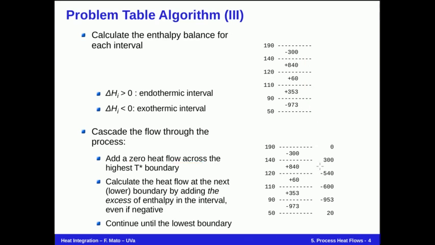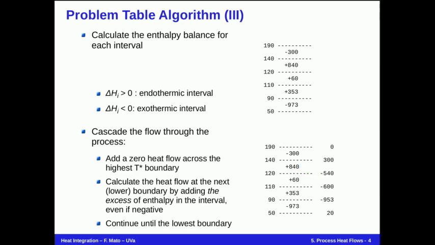Here, a negative 300 kilowatt heat excess is passed down across the next limit. And in the next interval, an endothermic one, the 300 kilowatts are consumed and minus 540 passes to the next interval across the limit. And so on. We will continue until the lowest boundary.